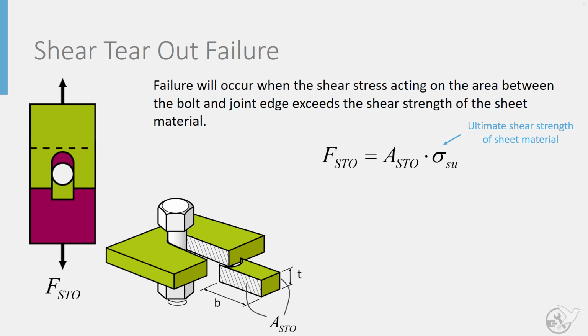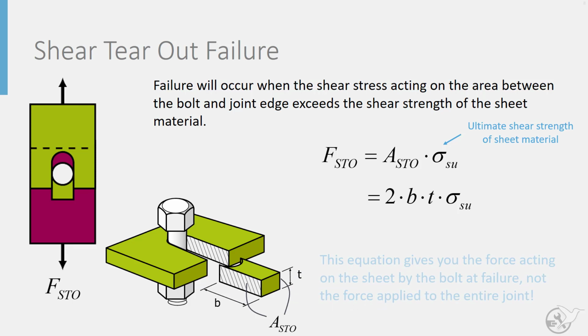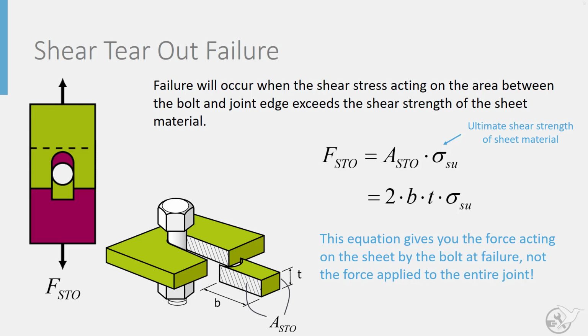If we look at the image of the bolt, our shear tear-out area is defined by this crosshatch area and the same area on the other side, because we have two areas resisting that failure mode. So that gives us 2 times the edge distance B times the thickness T. And again, this equation gives you the force acting on the sheet by the bolt at failure and not the force applied to the entire joint.